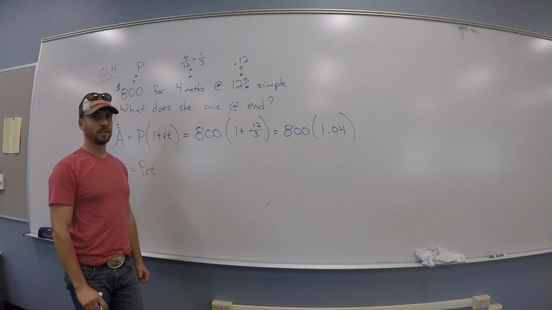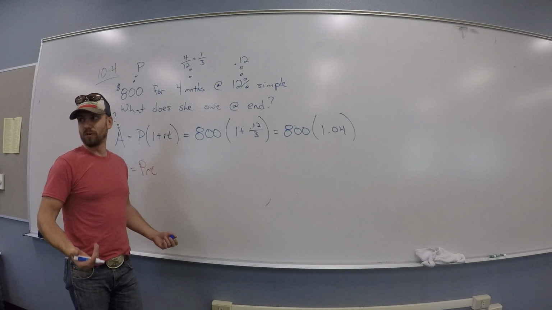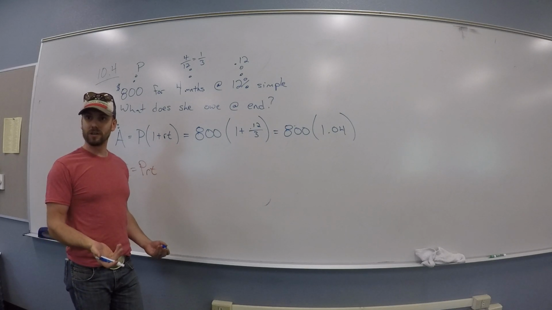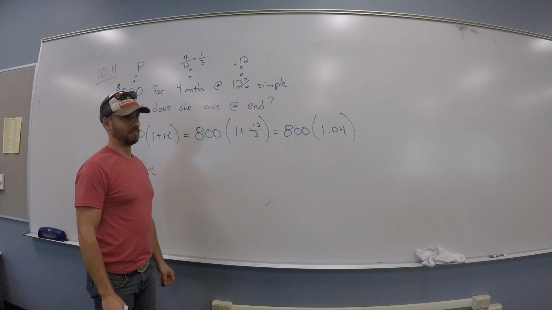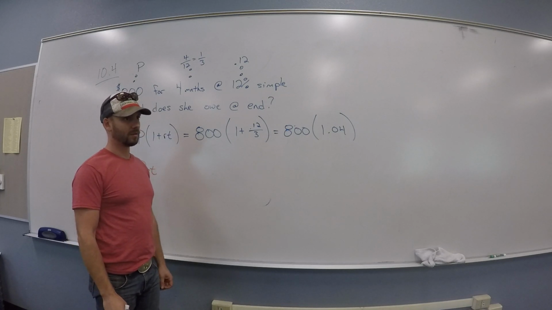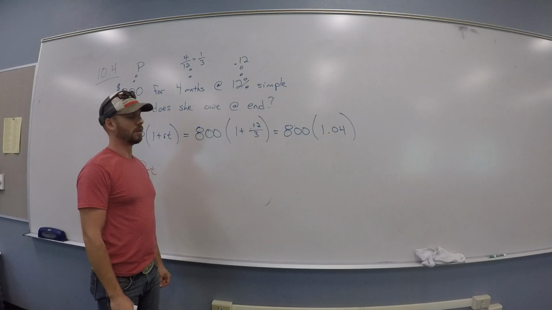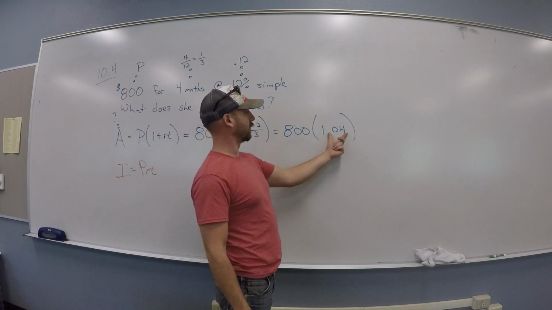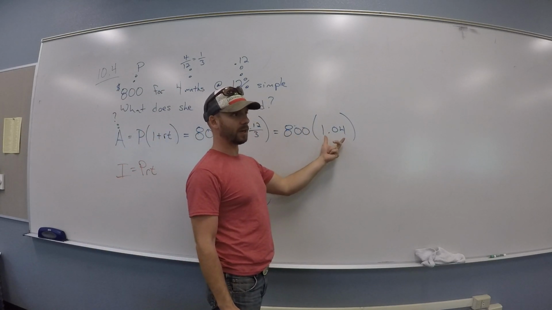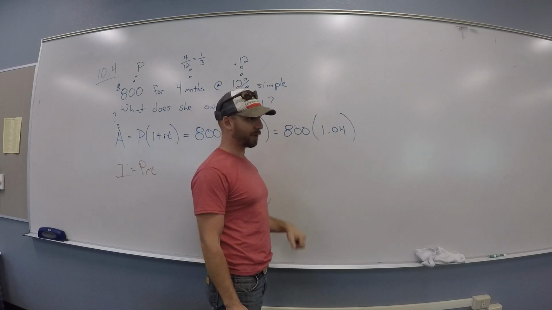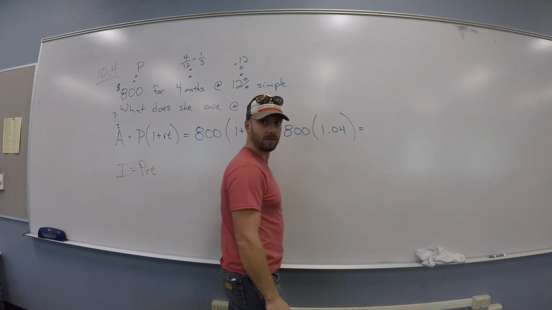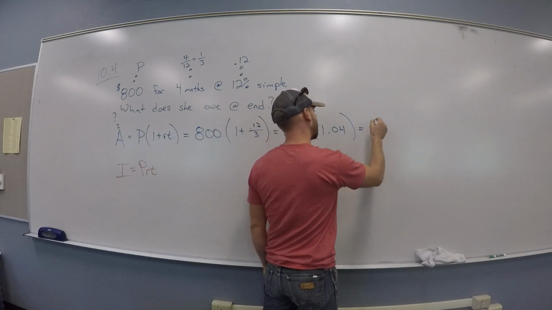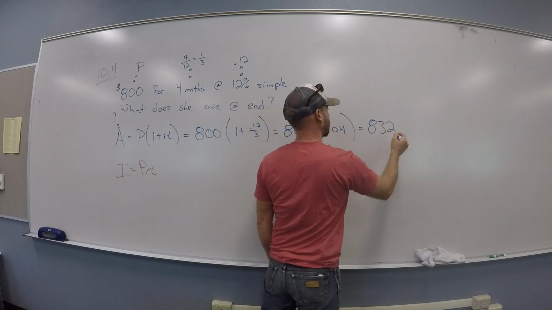Does that make sense? If it's 12% for the year, for a third of the year, it's 4%. That seems fair. So 4% of your principal you need to pay in interest, and then you also need to pay the principal back. So this is going to be $832.